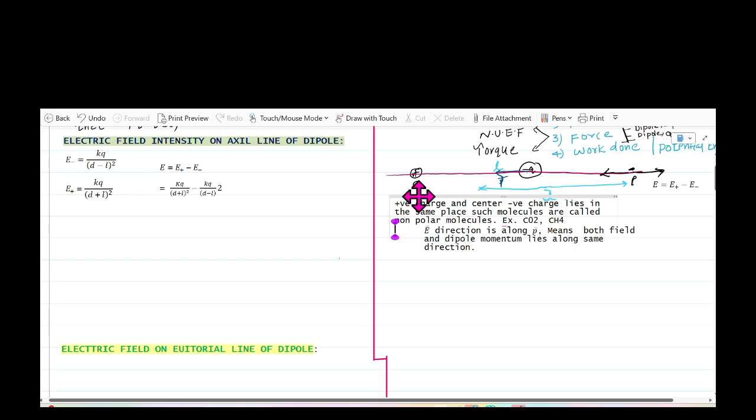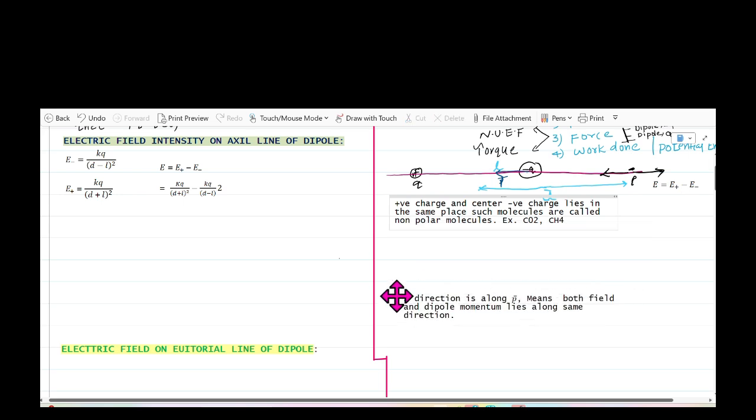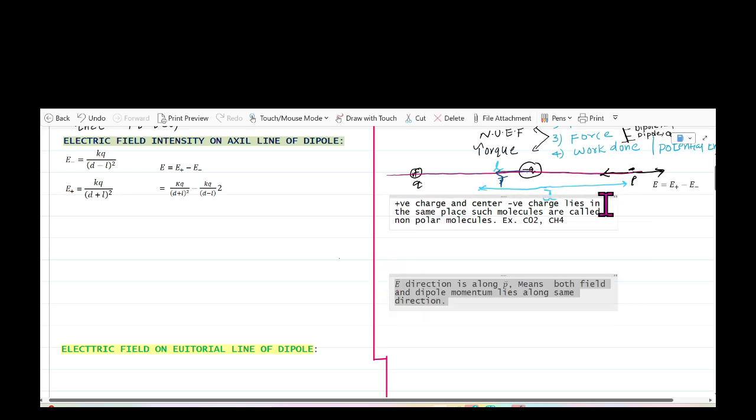Similarly, molecules whose dipole moment is not equal to zero.